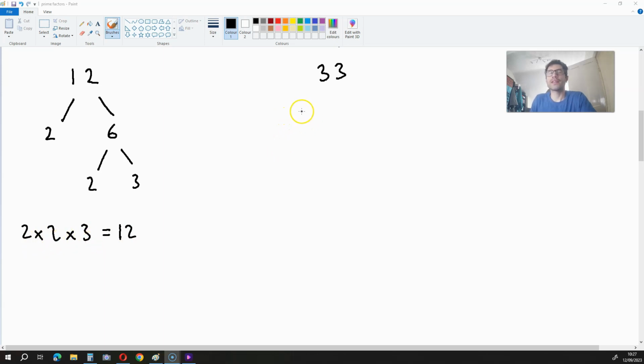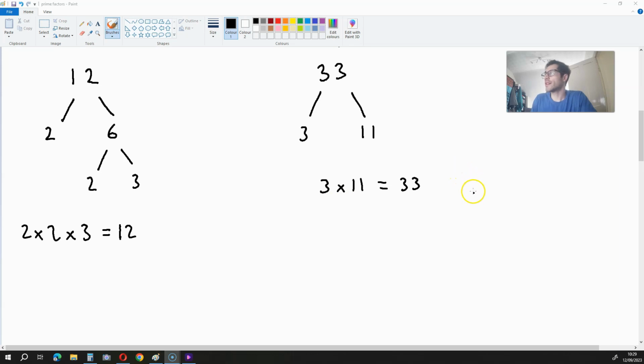Now, how about the prime factors of 33? Well, 33 is simply 3 times 11. 3 and 11 are prime numbers, okay? 3 times 11 is 33, so the prime factors of 33 are 3 and 11.